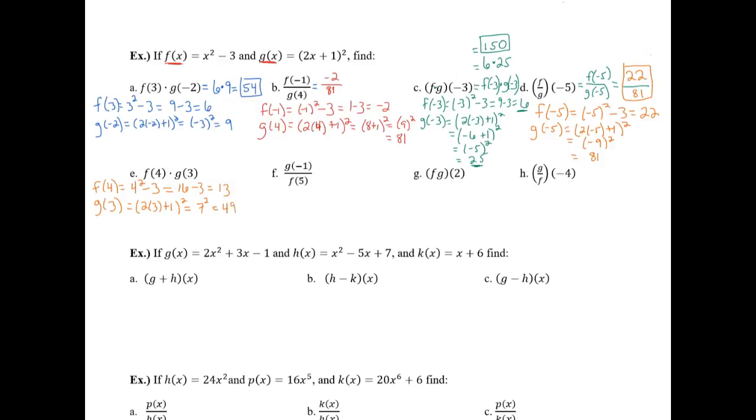I have evaluated both of those, but I have to find my final answer using the function operation, which is multiplying here. So I'm going to take 13 times 49, right, because it was f of 4 times g of 3, and getting 637.